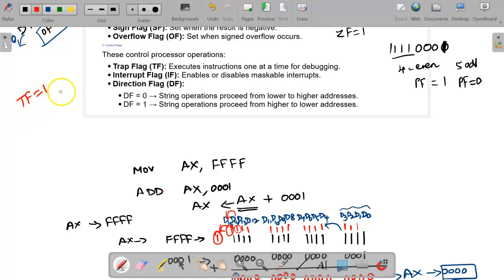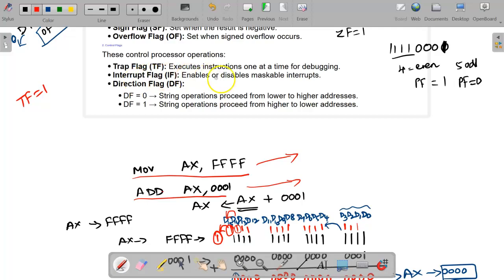But if TF is equal to 1, first this instruction will be executed and the result shown to the programmer, and then the next instruction will be executed and again the result displayed. If there is any error in an instruction, it is easy for us to correct it. So mainly it is useful for debugging.